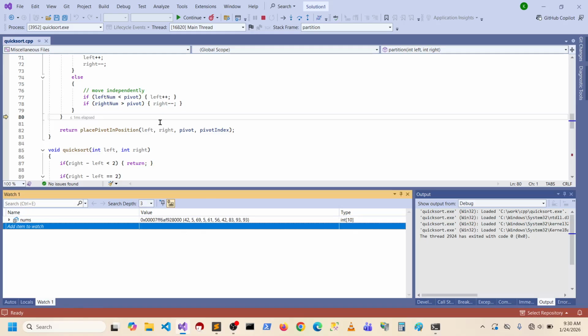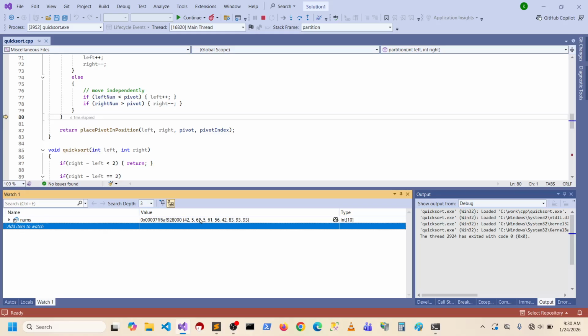So right is right there. 0, 1, 2, 3, 4, 5, 6. And it never went back down to 56. So it got stuck right here. Left's on 2 now because it advanced. Because it was on 1, now it's on 2, 69.